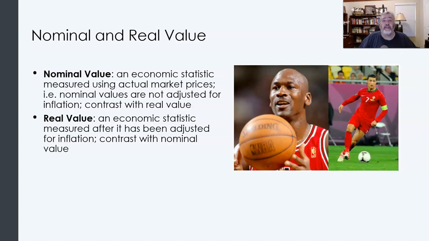Nominal values are not adjusted for inflation. Real value, on the other hand, has been adjusted for inflation. And it's important to understand. Nominal values are, they say, actual market prices. How about current prices? Nominal GDP will be calculated in current prices. In other words, whatever the price of the good is that day that we calculate GDP.